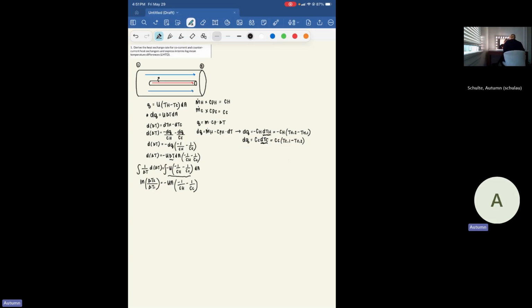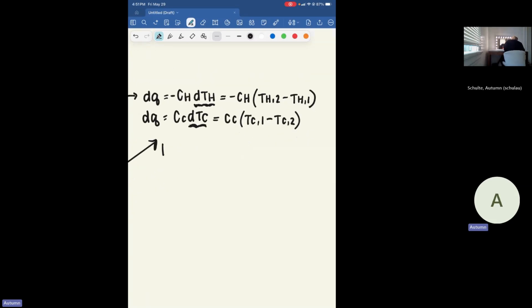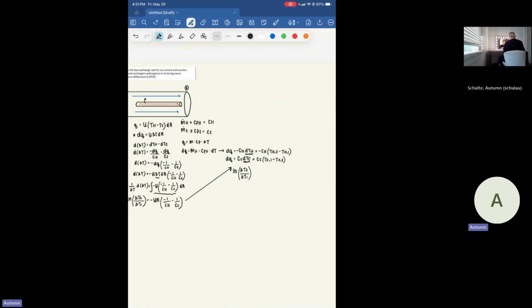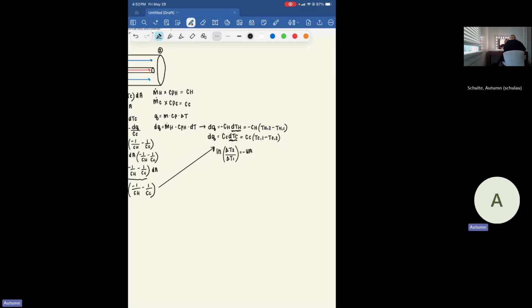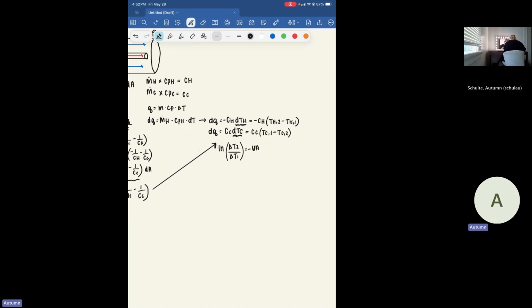So now what we can do is take our equation that we just found and plug in our numbers up here. So what we're going to have is the natural log of delta T2, our temperatures leaving, over delta T1, our outlet and inlet temperatures. This is equal to negative U, our overall heat transfer coefficient, multiplied by our area. Now we can plug in our values for our mass flow rate heat capacities.